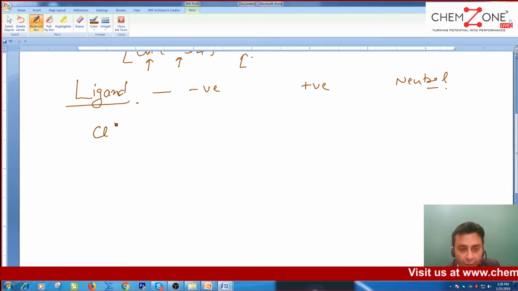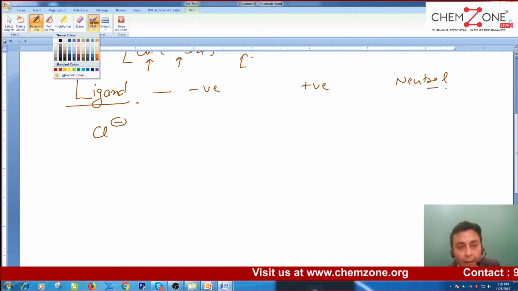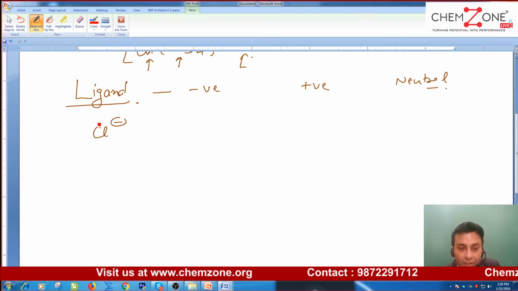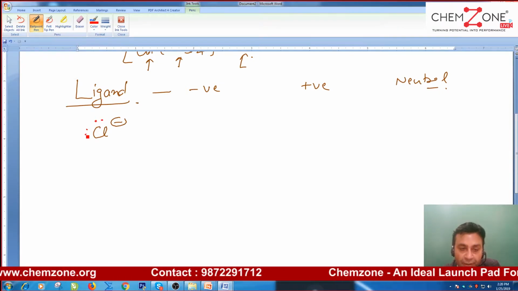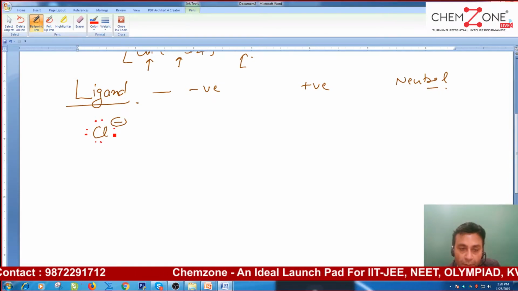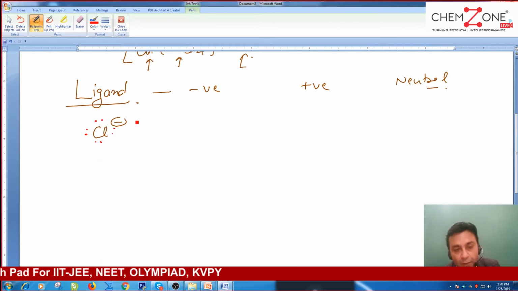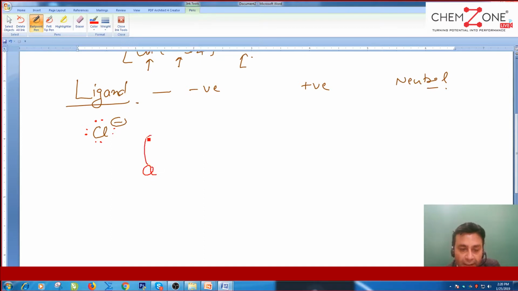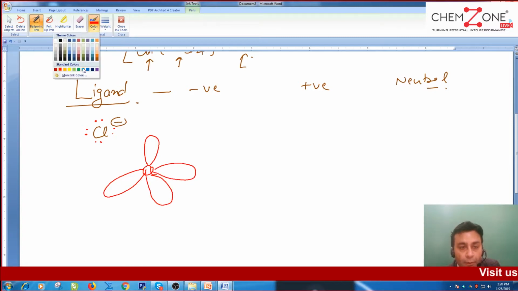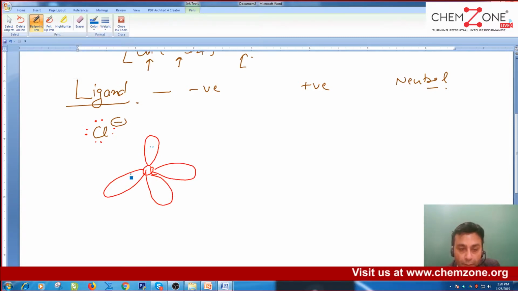So if I say chloride ion and I draw its Lewis dot structure, then I need to represent the electrons also. Now I have drawn the 8 electrons. These 4 pairs of electrons are arranged at a tetrahedral angle. Getting me?